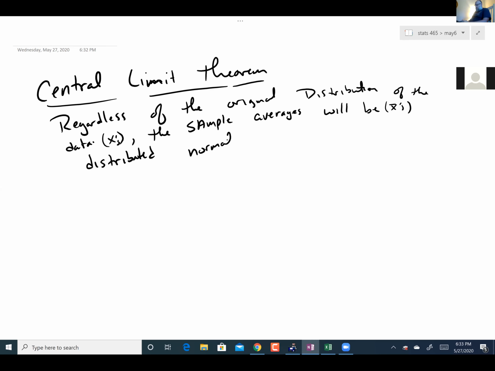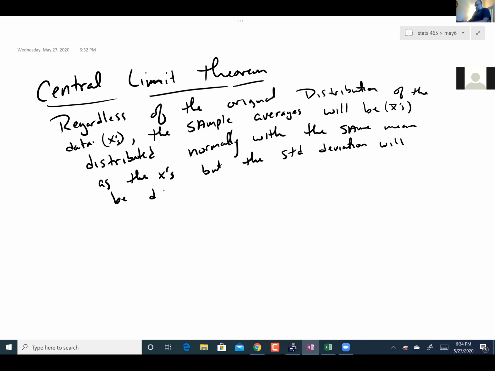So they will follow a normal distribution with the same mean as the x's, but the standard deviation will be divided by the square root of the sample size.